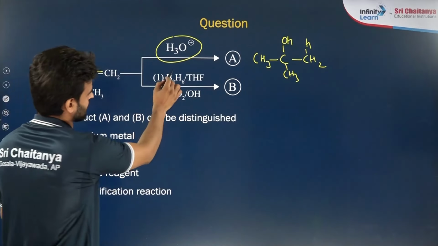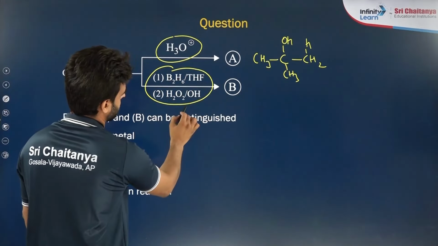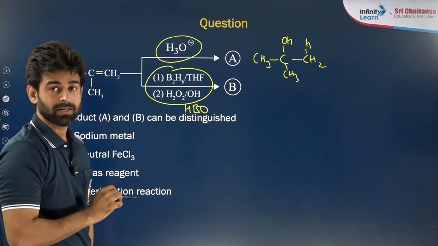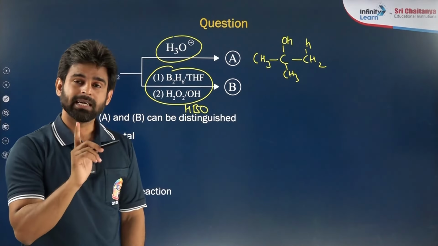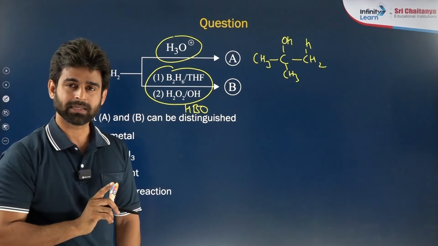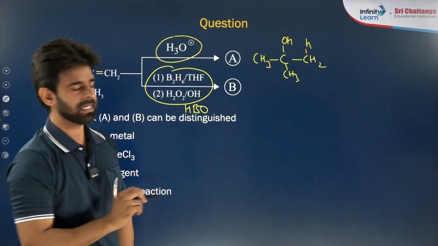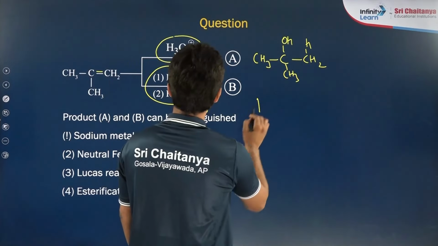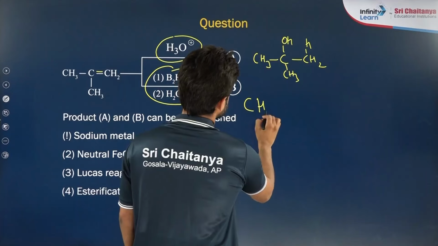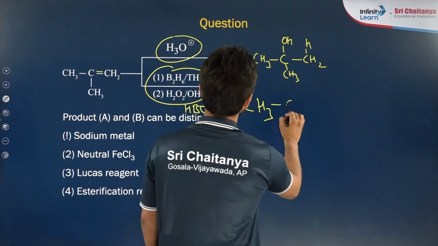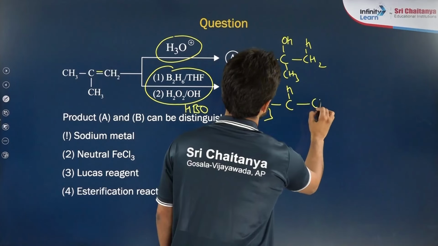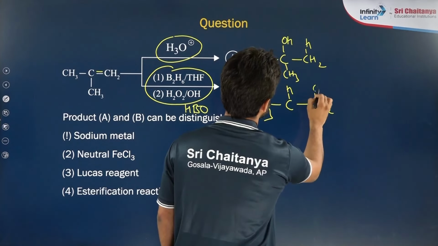Next thing is, as I said a few minutes back, hydroboration oxidation will follow the anti-Markovnikov rule, or I will say it will give us the anti-Markovnikov product, and it's a kind of syn addition, right? As the question is in 2D only, we can see H will come on this carbon, and here we have CH2, OH will come on this.